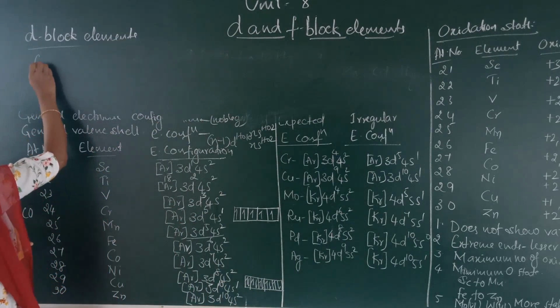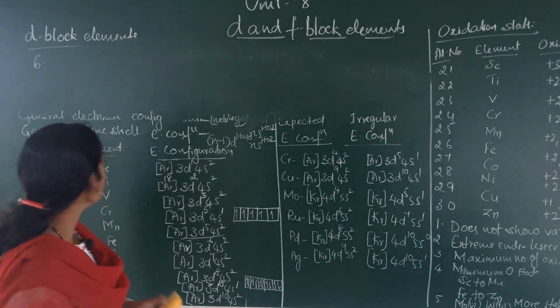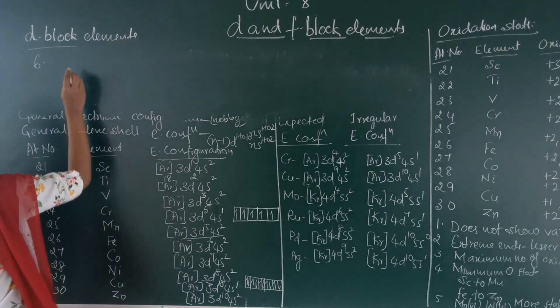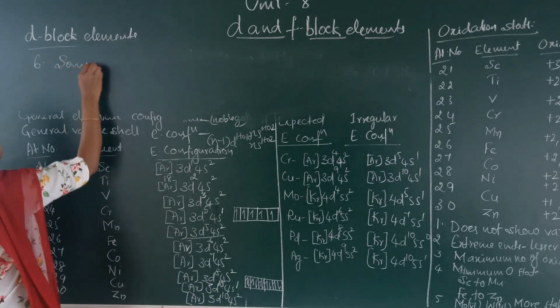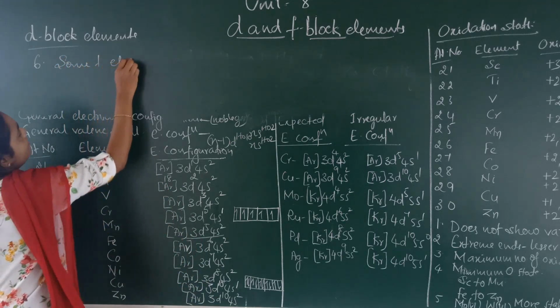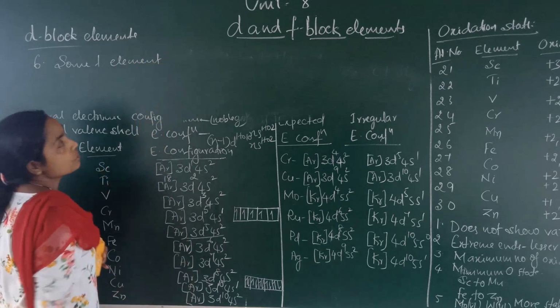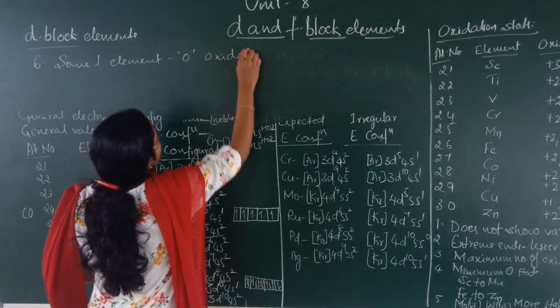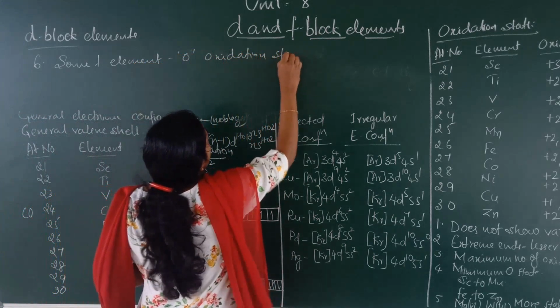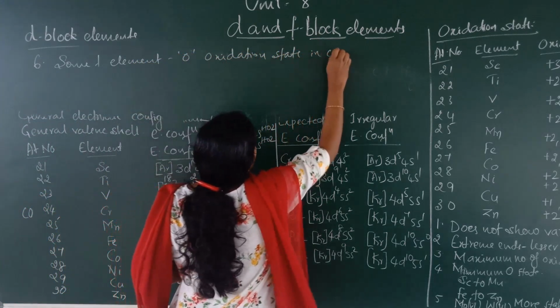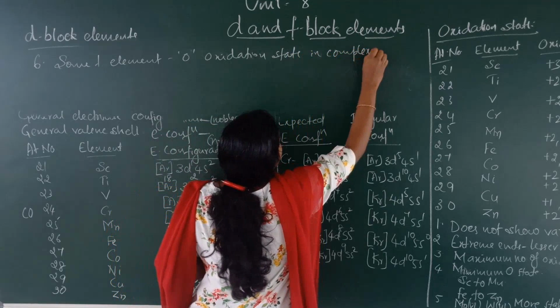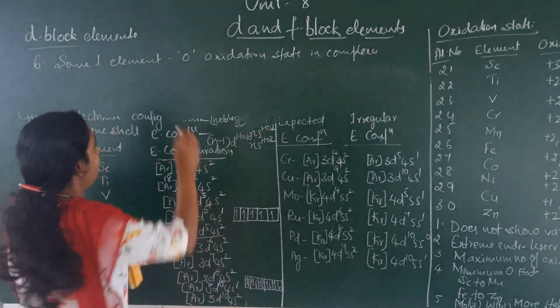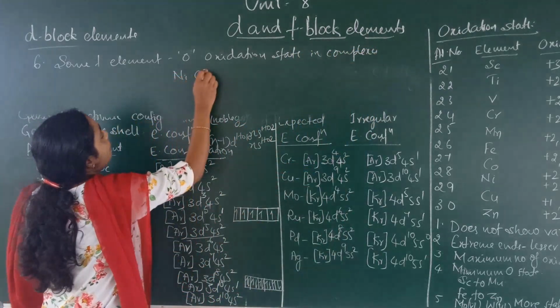Next point, sixth point. Some transition elements show zero oxidation state in complexes. For example, tetracarbonyl nickel.